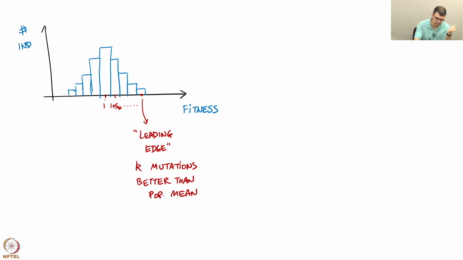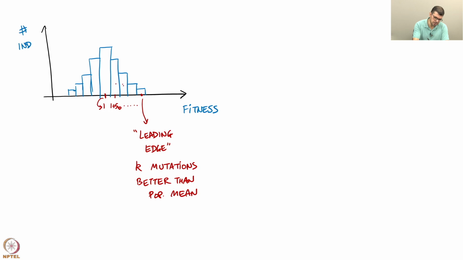What that means is that this is the population mean, and if the population mean has a fitness of 1, we can always normalize fitness to the mean of the population and call the mean as 1. So, in this analysis the mean fitness of the population will remain at 1, and shown here is k equal to 4.